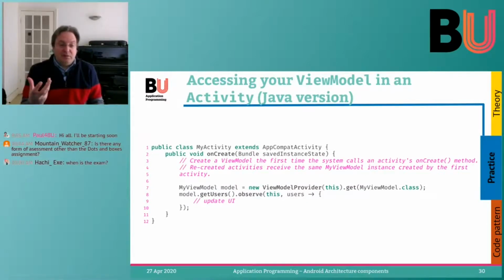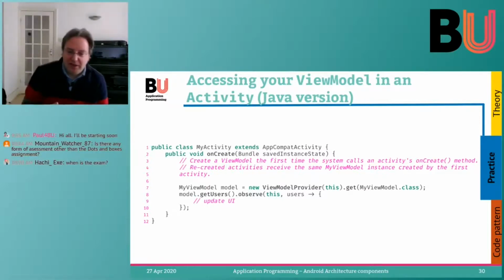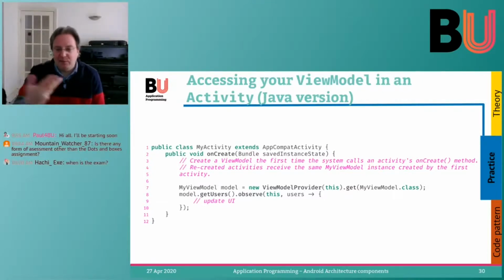And so what does it look like in Java? Java is a little bit more complex because we don't have this delegate property thing. There are KTX extensions of many of these Android libraries where they have some nice ways of doing things in a more Kotlin-friendly way where possible. And there's one for LiveData as well, and view models.